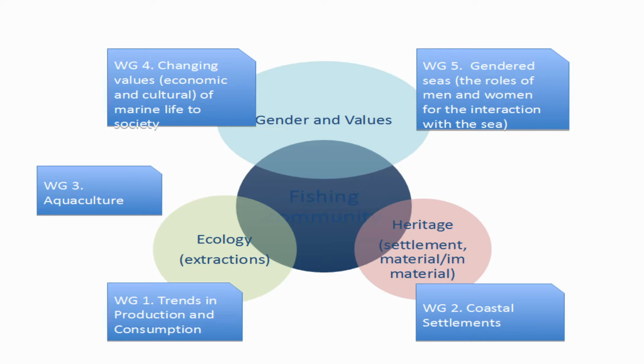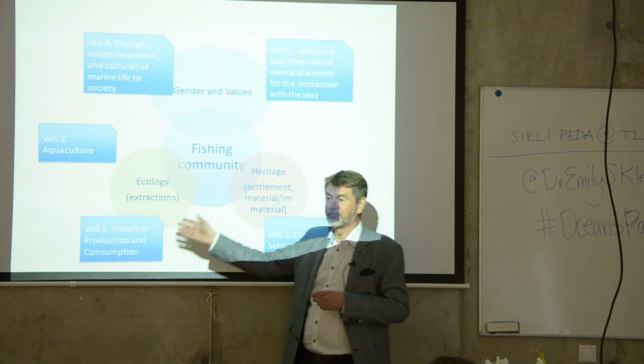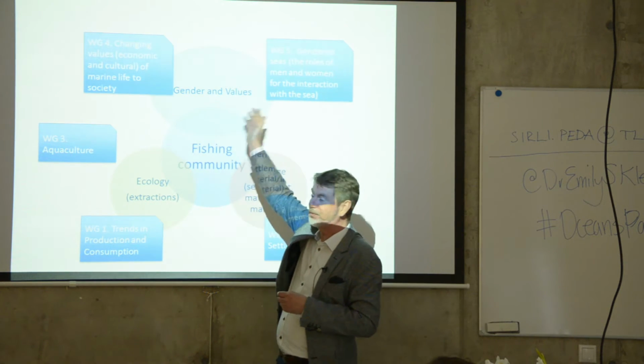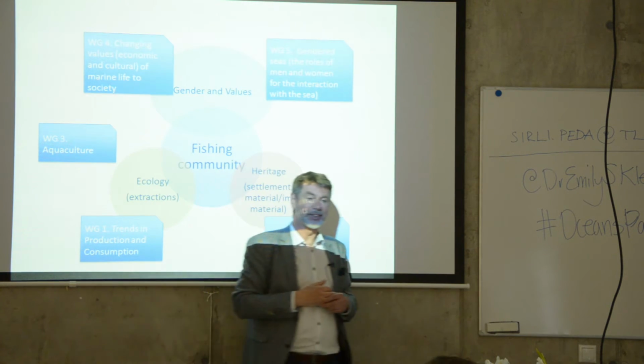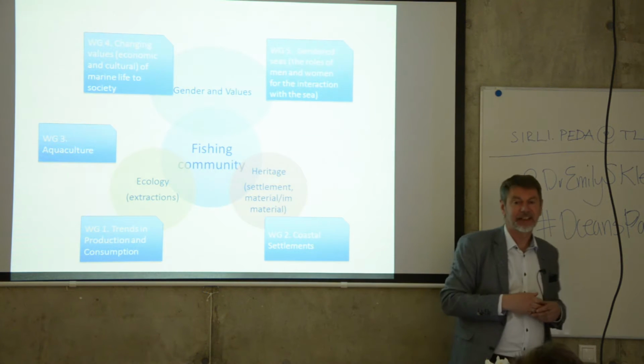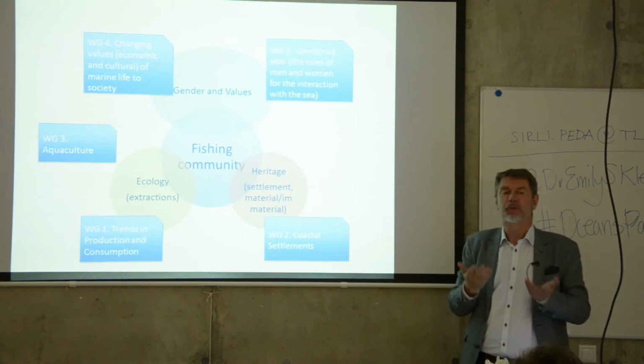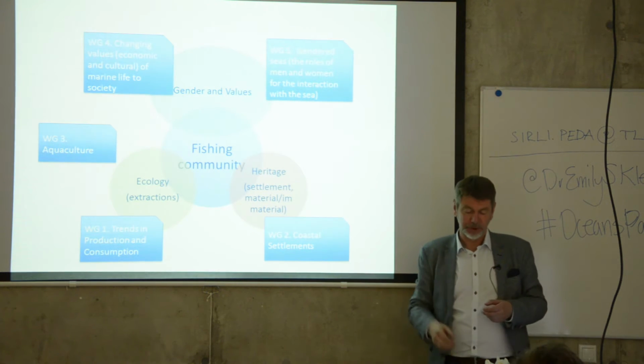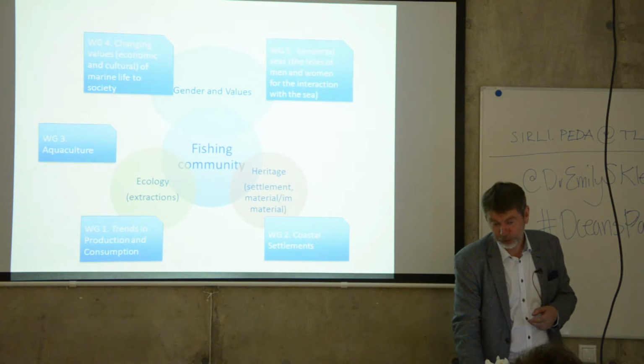A fifth one looks at the gendered seas, the roles of men and women for the interaction with the sea. And a fourth one, aquaculture, really informing us of what are the implications for future sustainability of human nourishment.